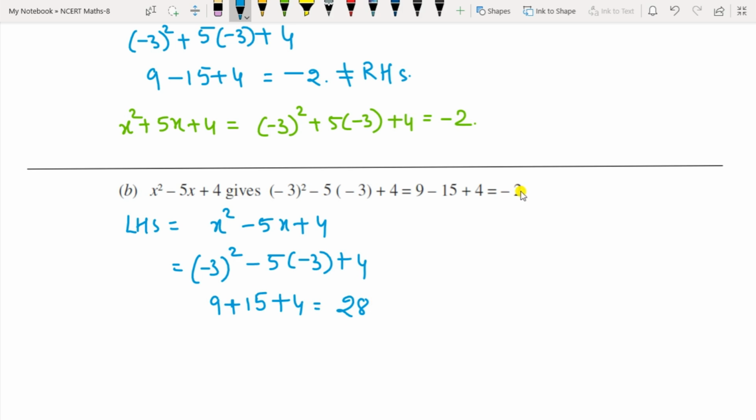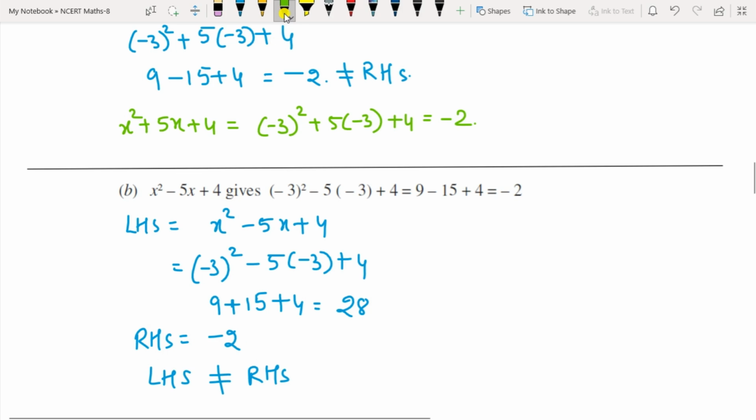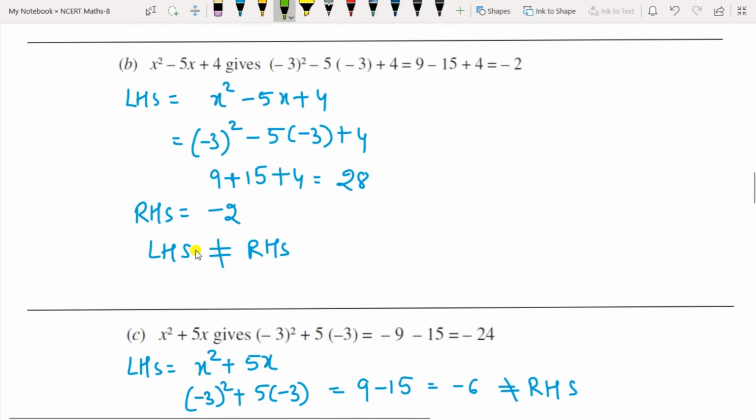So here RHS is given as minus 2, which is not equal. LHS is not equal to RHS, and therefore all the statements are incorrect. You have to make them correct. So x square minus 5x plus 4 should be equal to 28 and not minus 2.